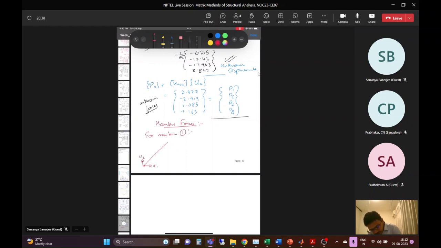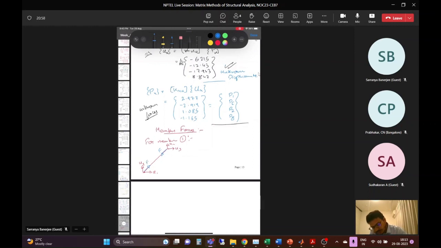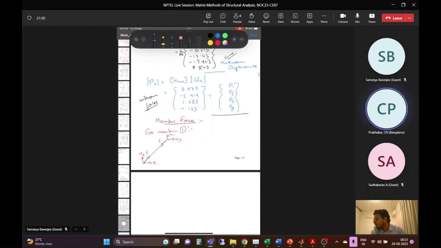U1, U2. This is U3, U4. So basically for member forces we would like to calculate this force. This is the member force, right, which we would like to know. Now how we will know this member force?